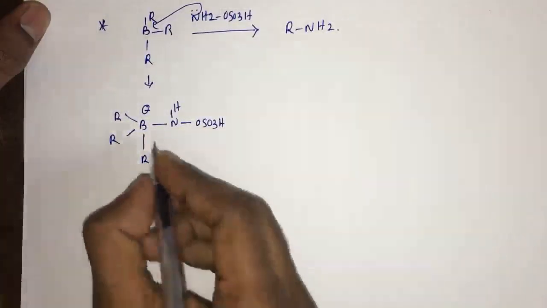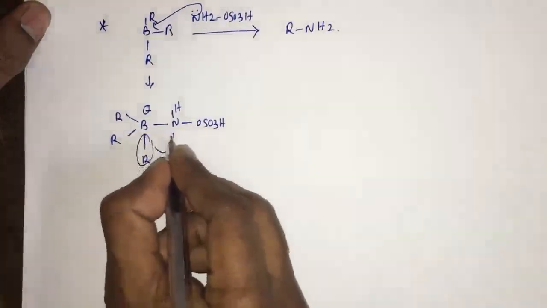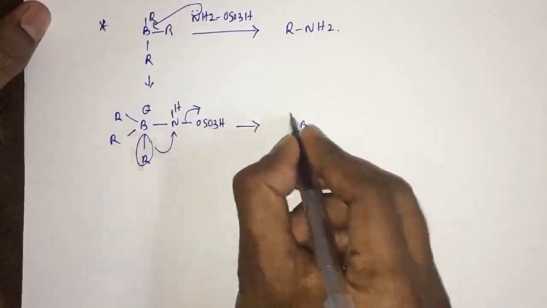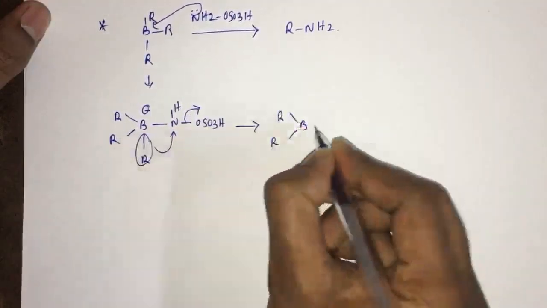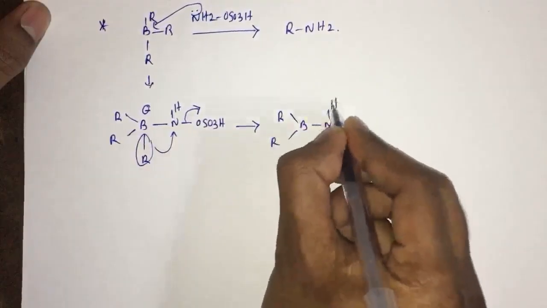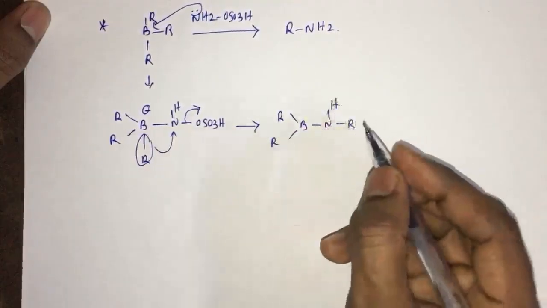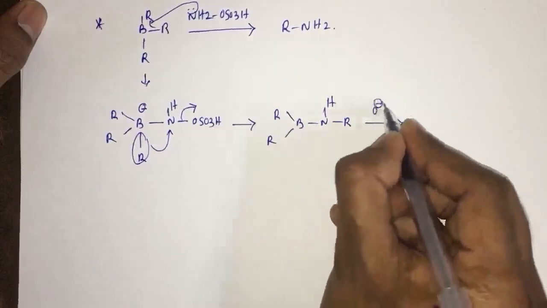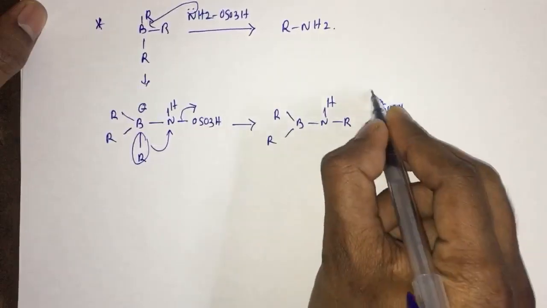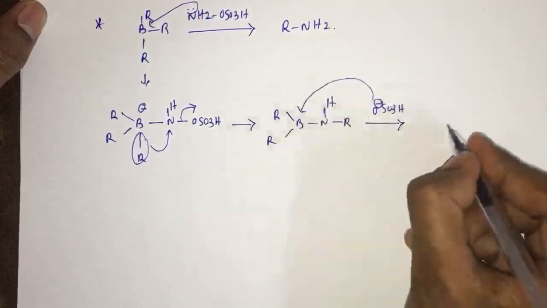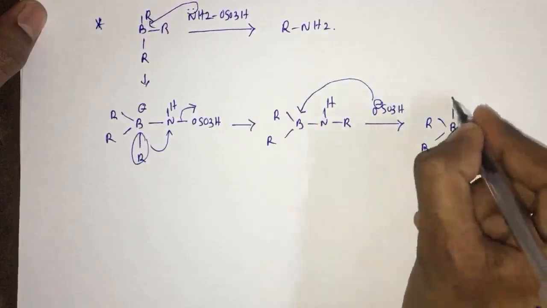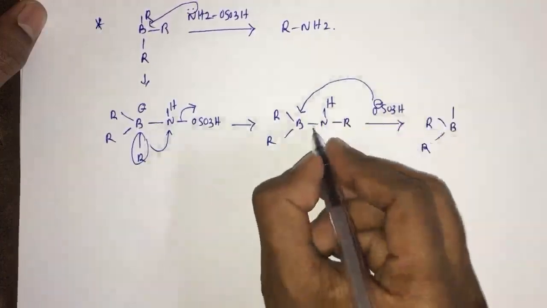Now this alkyl group migrates to here and this gets eliminated. We have R, NH, R. Now we have O minus SO3H in the reaction mixture that comes onto the boron. Then this gets eliminated.